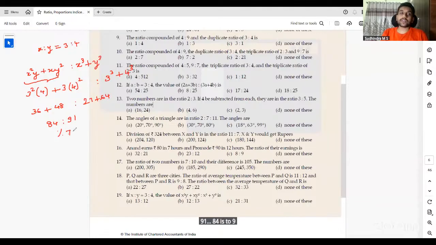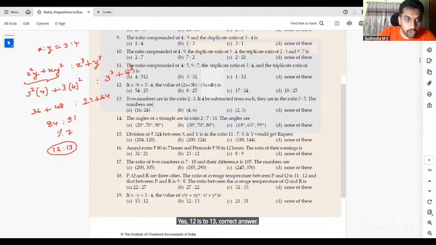I can divide this by 7, so 12 is to 13. Correct answer.